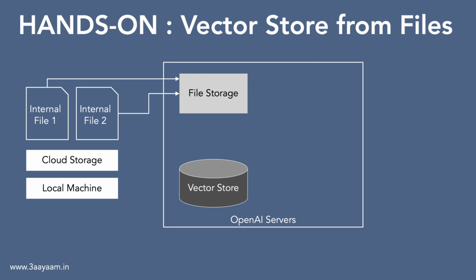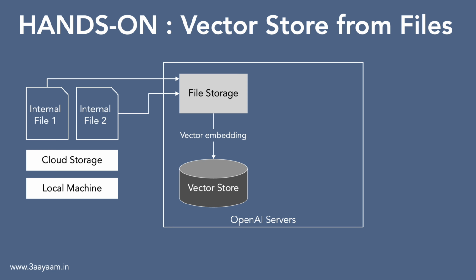Now internally, when we load the files to the vector store, there are APIs available. The files are loaded after a model creates the vector embedding for these files. Now the vector store in OpenAI servers would contain the vector embedding of the files that we upload in the file storage.